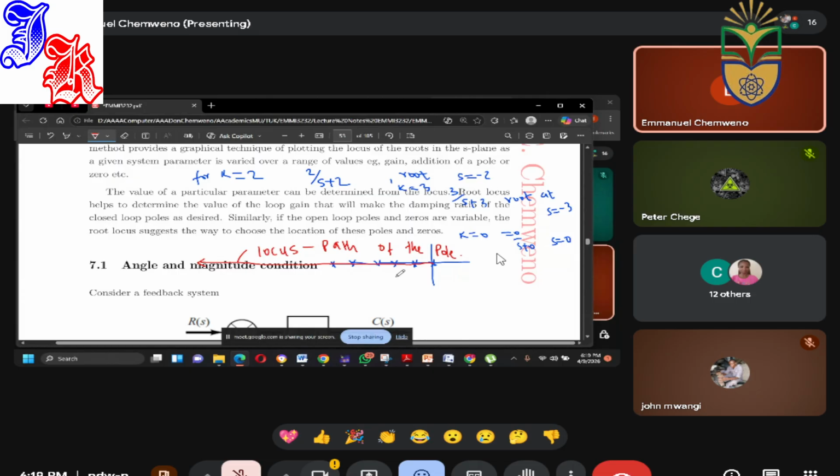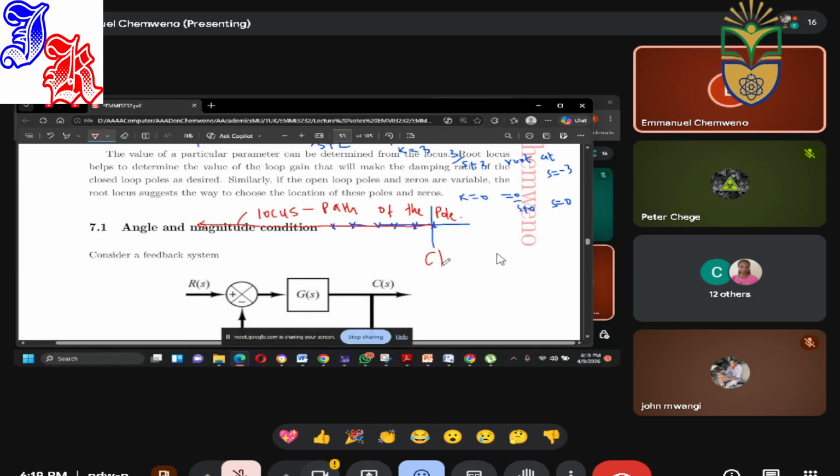Now, we study the root locus to see the path in which the poles move if you change some parameters.